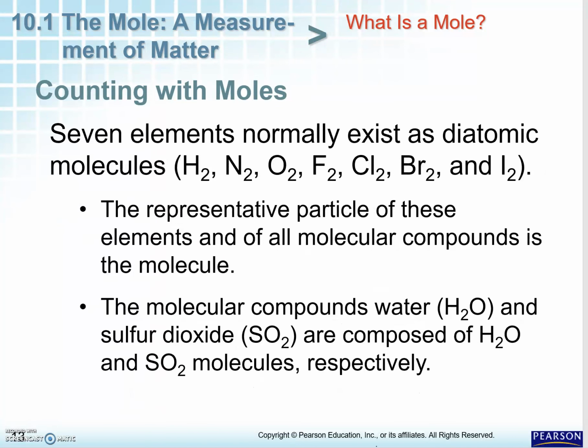There are 7 elements that exist as elements, but they are considered diatomic molecules. They have to be part of a group in order to survive correctly. So that would be hydrogen, nitrogen, oxygen, fluorine, chlorine, bromine, and iodine.